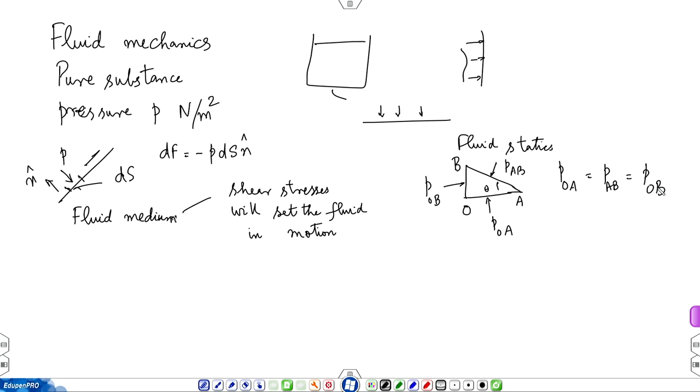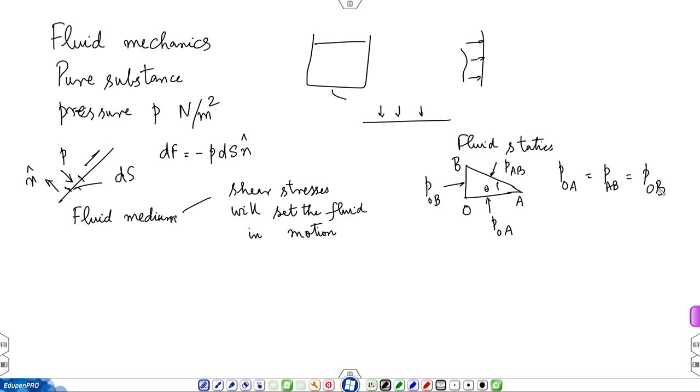This result you might have studied in your high school is also called Pascal's law, which says that for a fluid at rest, pressure is independent of the choice of the plane. Just 2 minutes ago, I said to discuss pressure, you select a plane, but any plane you select at a point, this elemental volume is representative of a point coincident with its centroid.